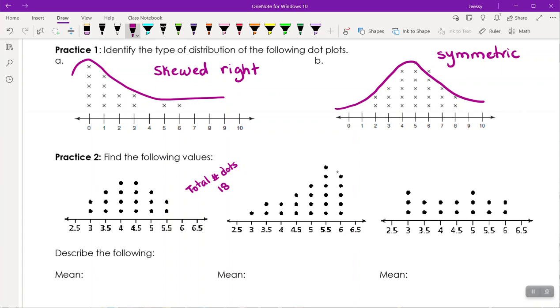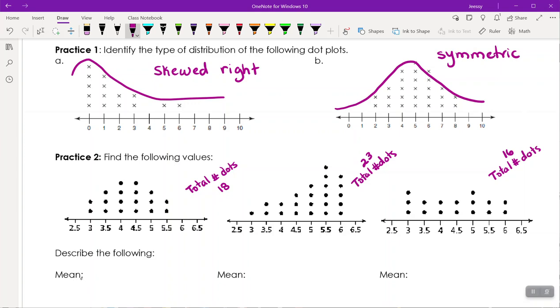Here we go. Over here, what's the total number of dots? All right, over here, total number of dots. Start counting. 16? Okay, good.